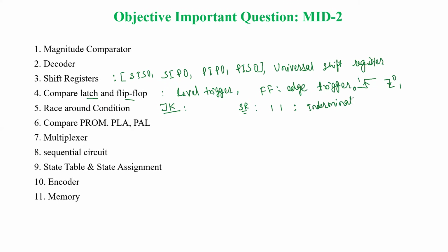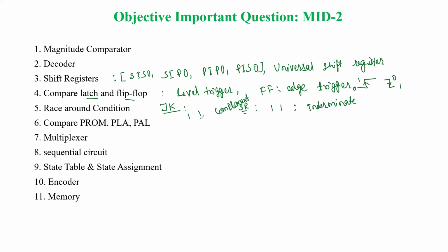To overcome that, the JK flip-flop is used. In case of JK flip-flop, when both inputs are 1, the outputs are going to be complements. The outputs are changing randomly and repeatedly, very fast. That is called the race around condition.